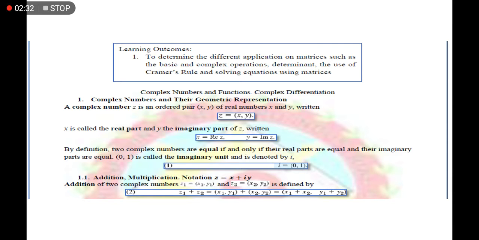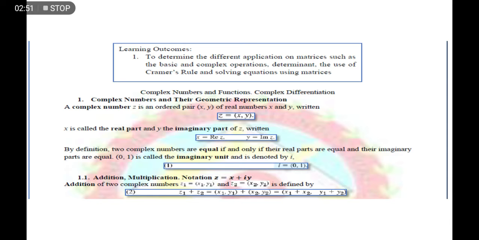It has different applications, but here we apply both applications in one application.